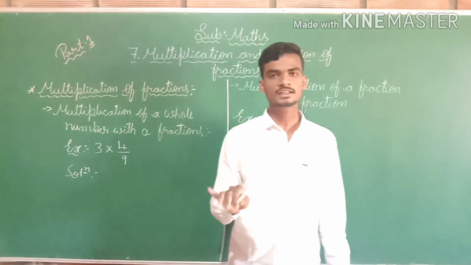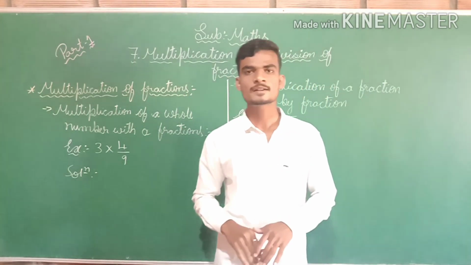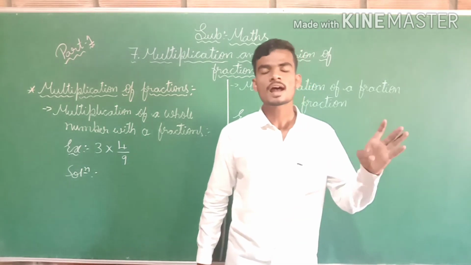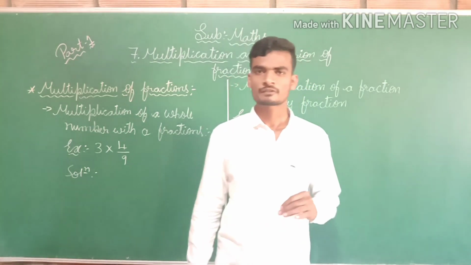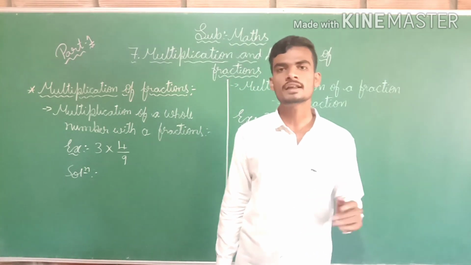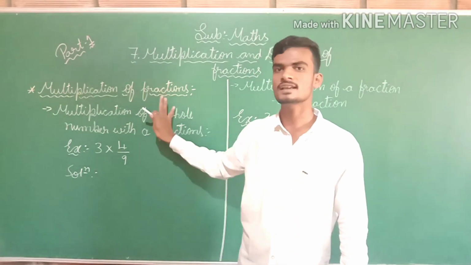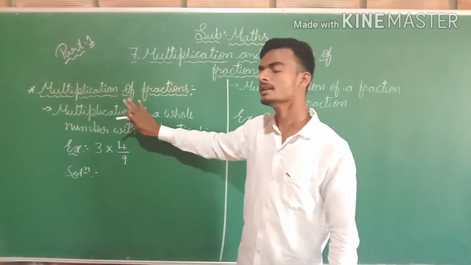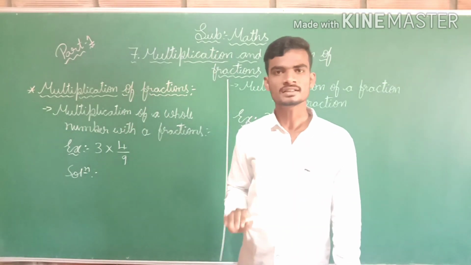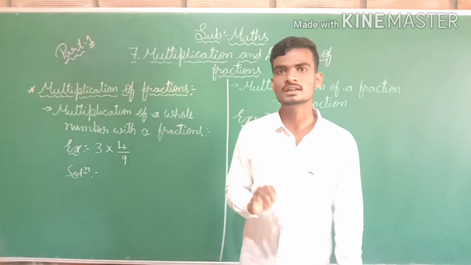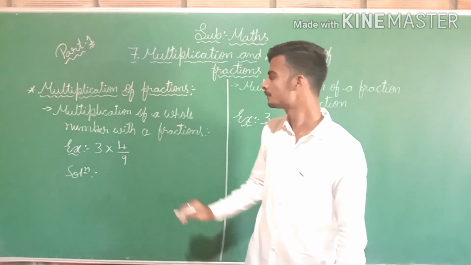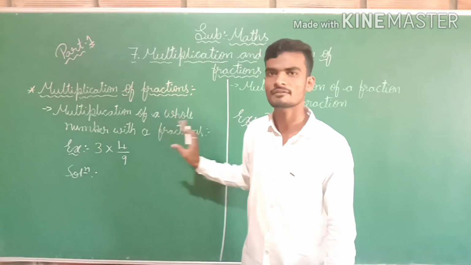Before going to this, dear students, you have to be thorough with addition and subtraction of fractions. If you know that very well, then you can solve multiplication of fractions very easily. This is easier than addition and subtraction, so you have to learn addition and subtraction of fractions perfectly.